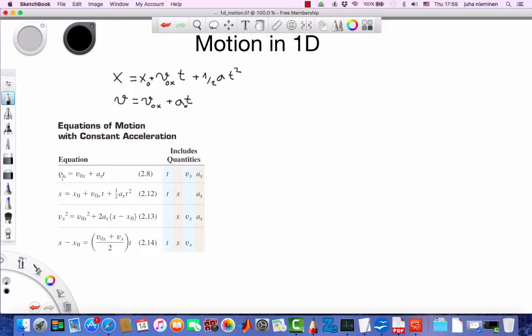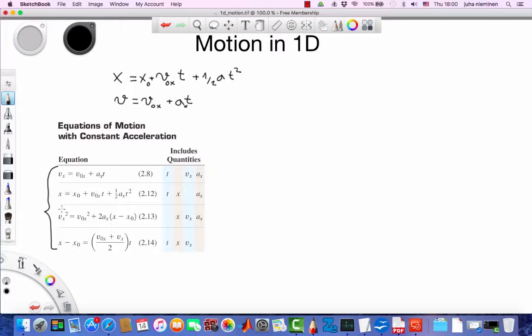On the first two rows of this table, you can see the equations that I just presented to you, and by combining the two, we can get the third and fourth one as well. So this box is a nice little cheat sheet that will allow you to solve any quantity on motion with constant acceleration, depending on what quantities you know already.